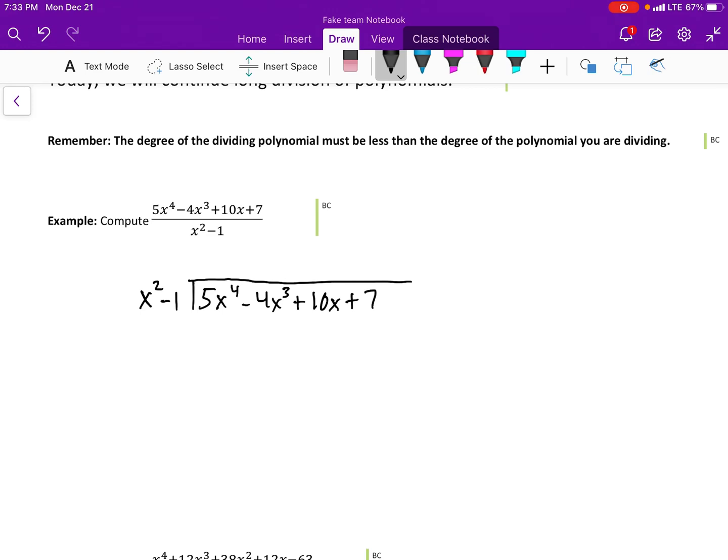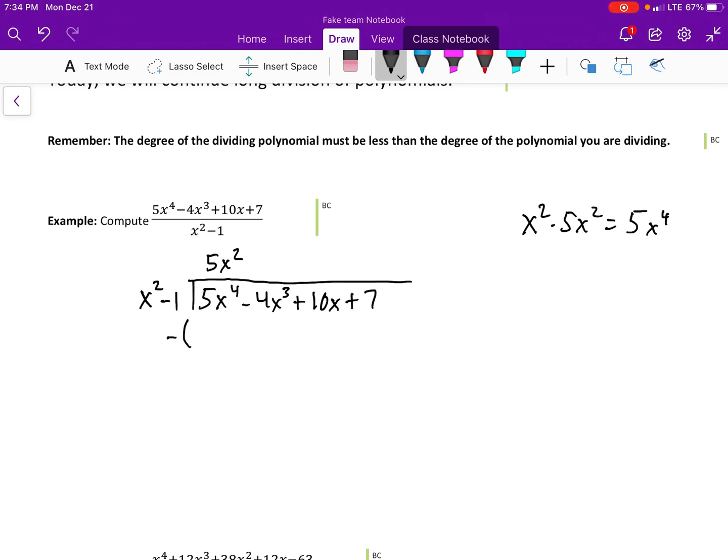So we start by saying, what value do I have to multiply by x squared to get 5x to the fourth power? Well, if I take x squared and multiply it by 5x squared, I'm going to get 5, and then x squared times x squared is x to the fourth power. So I want to put 5x squared here in the numerator.